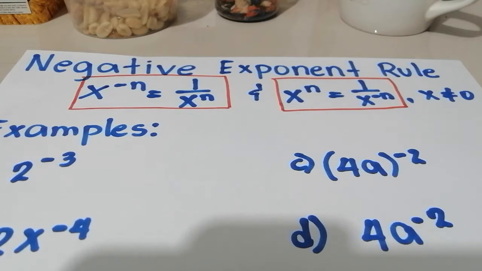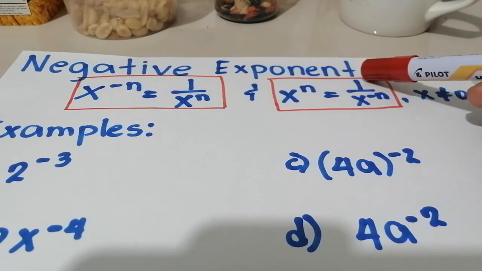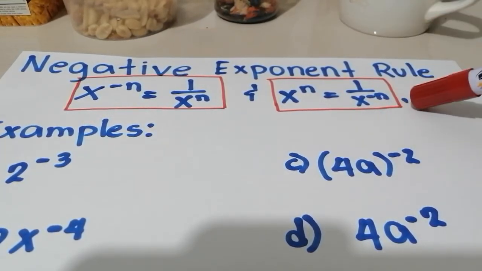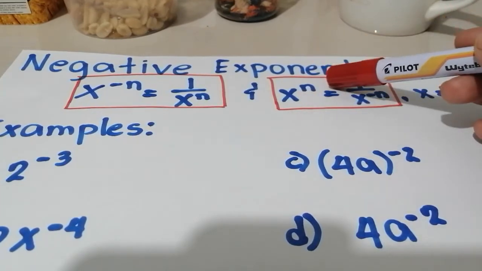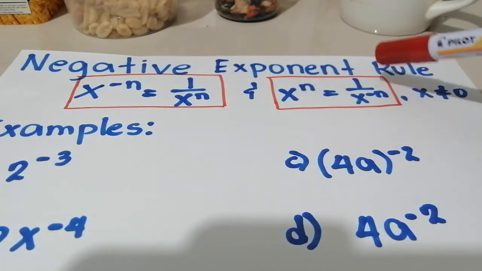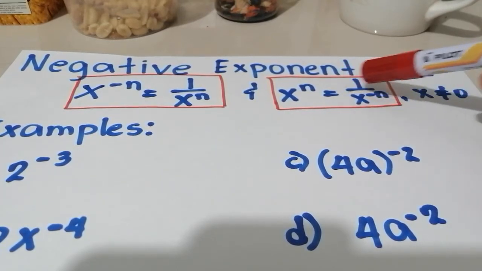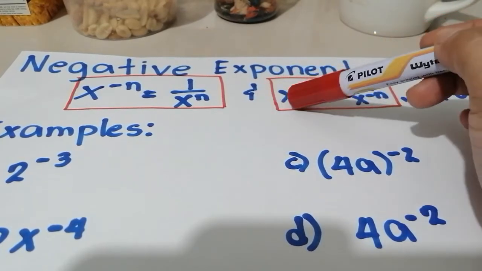Okay, now, if you have a negative exponent here with the 1 over a negative exponent here, to make it positive, all you need to do is get the reciprocal of 1 over x to the minus n. So, that will be x to the n over 1.